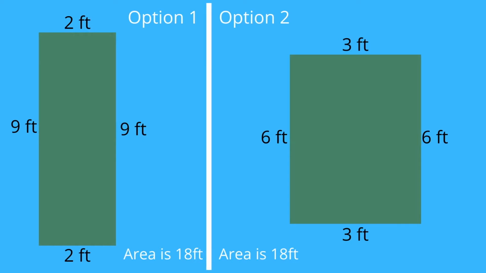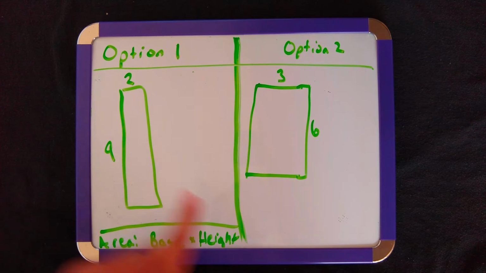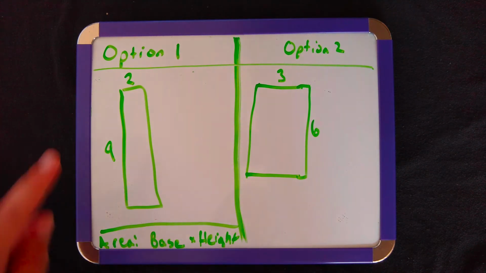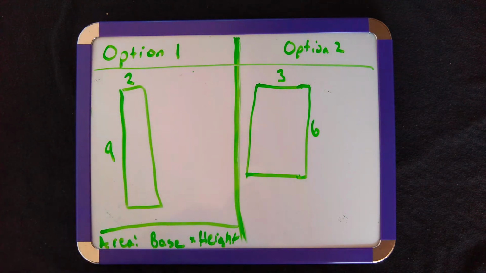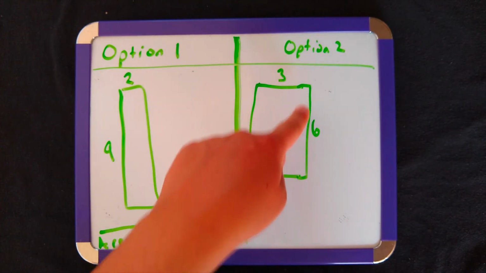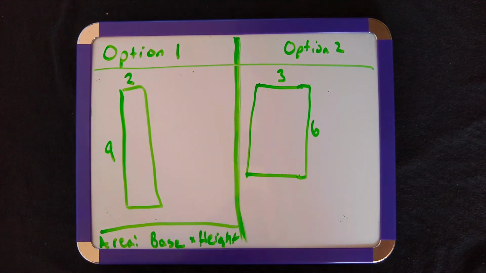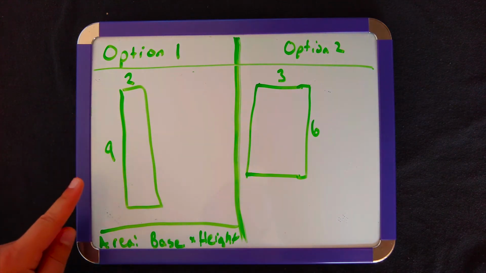I have 2 designs here. Here are the 2 designs for my garden written on the whiteboard. One option has a length of 9 feet by 2 feet. The other option has a length of 3 feet by 6 feet. Now notice that both of these options have the same area.